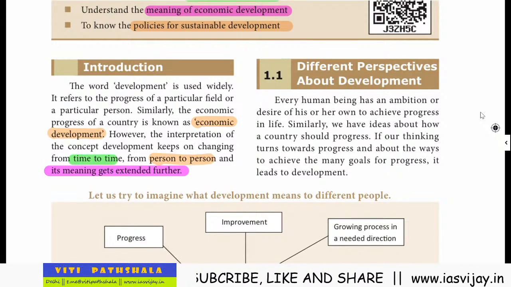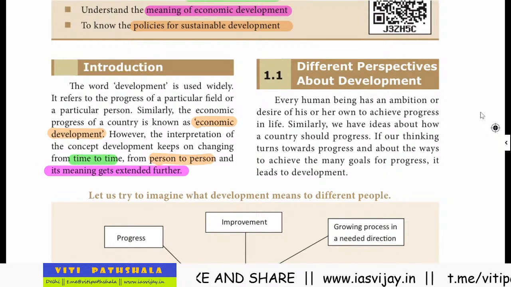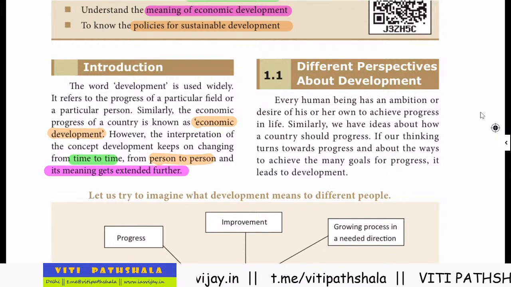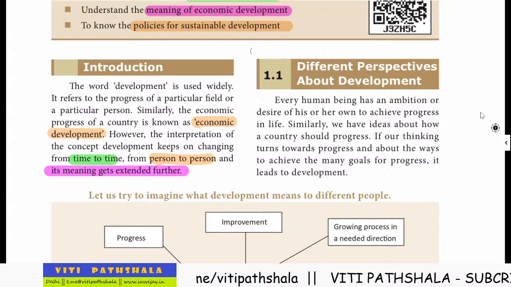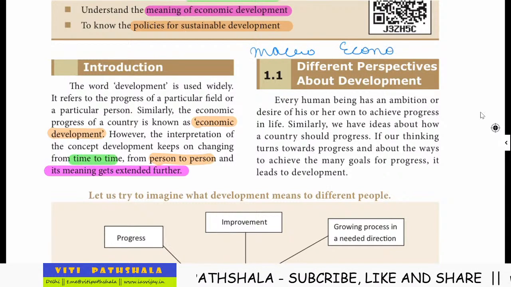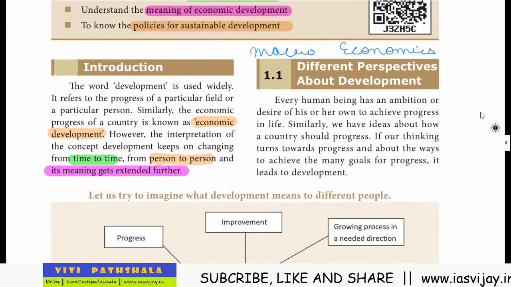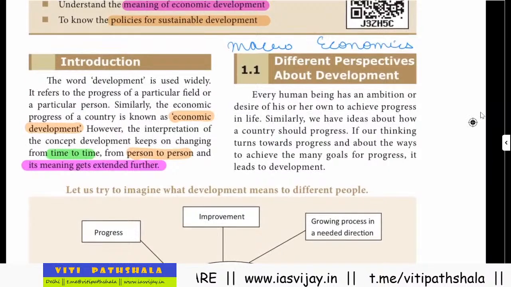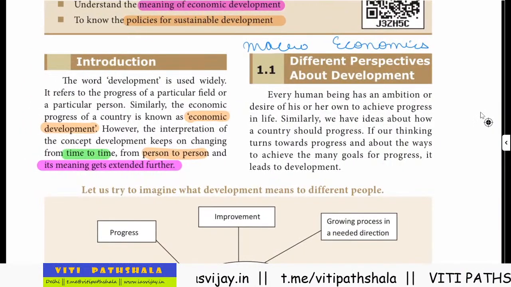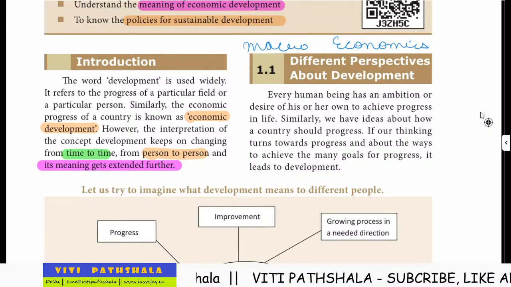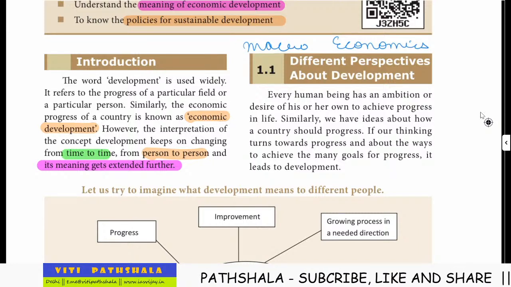So let's start with the first thing, that is the different perspectives about development. These things come under your macroeconomics. Every human being has an ambition or desire of his or her own to achieve progress in life.